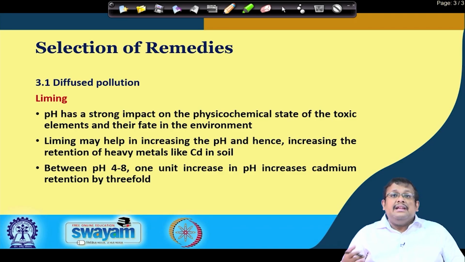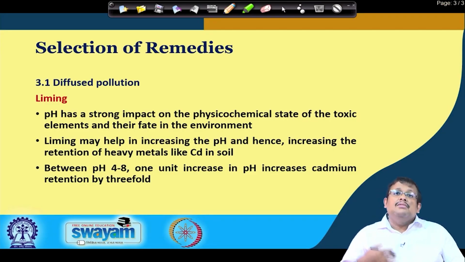So, liming may help in increasing the pH and thereby increasing the retention of heavy metals like cadmium in the soil. Now, between pH 4 to 8, a 1 unit increase in pH increases cadmium retention by 10-fold. This is very important.